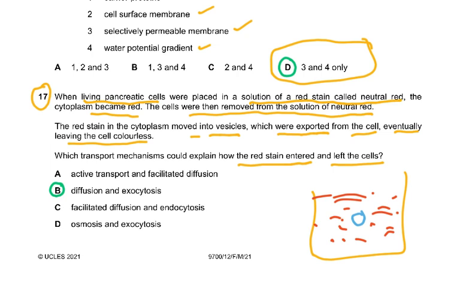So something was inside, formed a vesicle, so it had to be diffusion and exocytosis. Exocytosis because it had gone out. The answer had to have exocytosis.